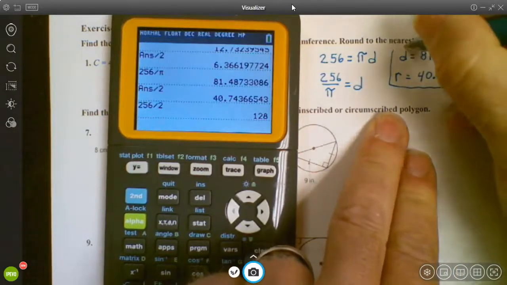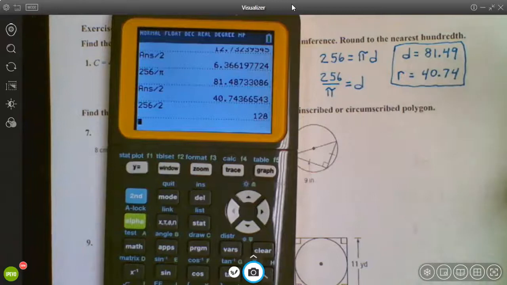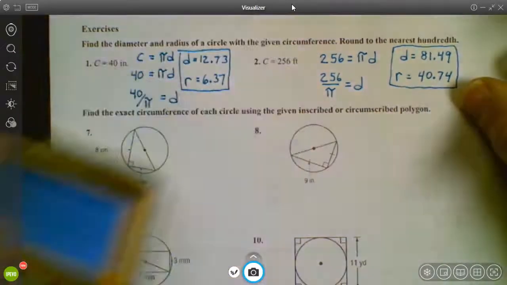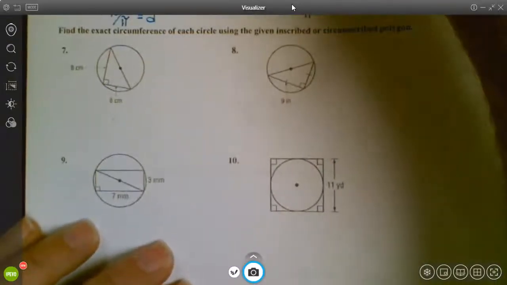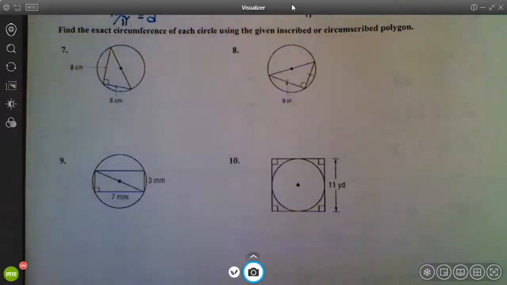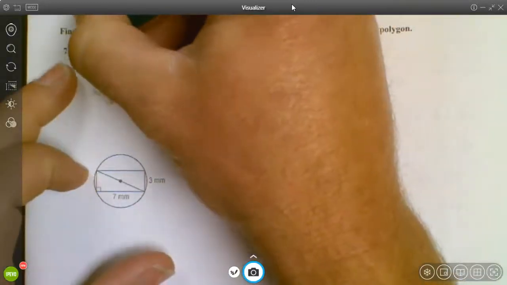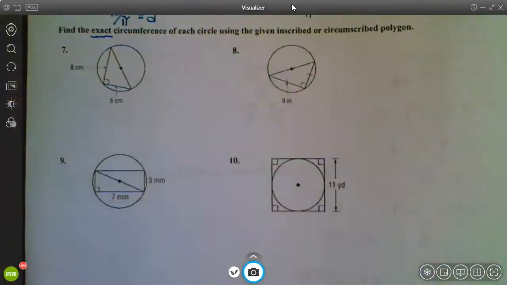I just want you to keep in mind what it would look like when they say write your answer in terms of pi, because we are going to run into those. Okay, so let's expand on this idea, and we're going to end on these 4 examples. What is the exact circumference of each circle using the given inscribed or circumscribed polygon?